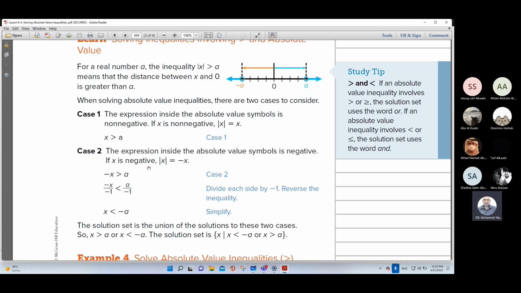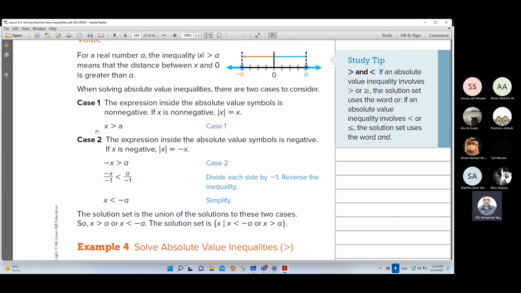If x is negative, the absolute value of x will be negative x. Negative x greater than A. If you divide the two sides by negative, you will get x less than negative A. So the first case x greater than A, and the second case x less than negative A. And the solution set is x such that x less than negative A or x greater than A.